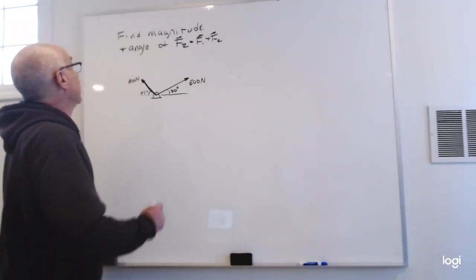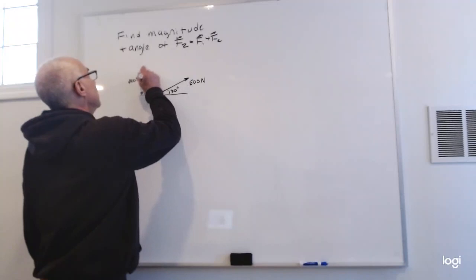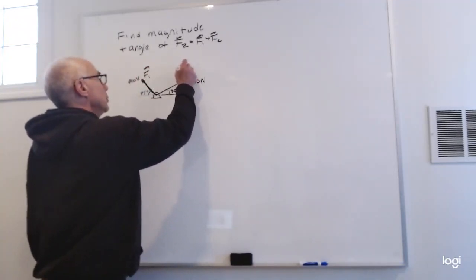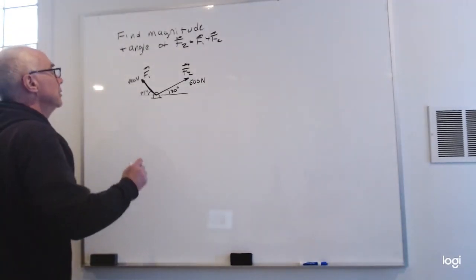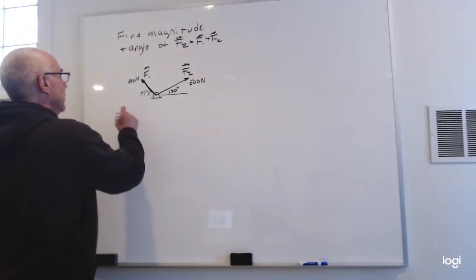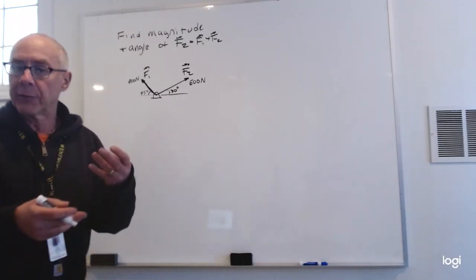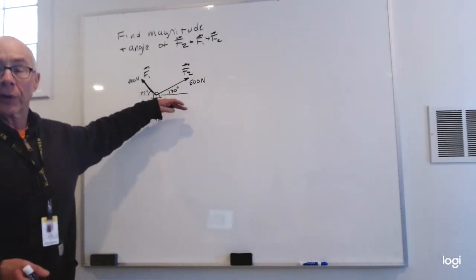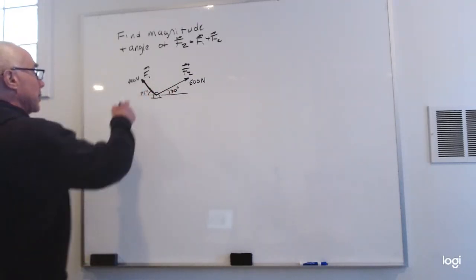So here's what we're going to do. I'm going to call this one F1, and I'll call this F2. And let's write these in Cartesian form. Remember, if we want to get the x component and we have an angle relative to the horizontal axis, it's always the magnitude times the cosine of the angle.